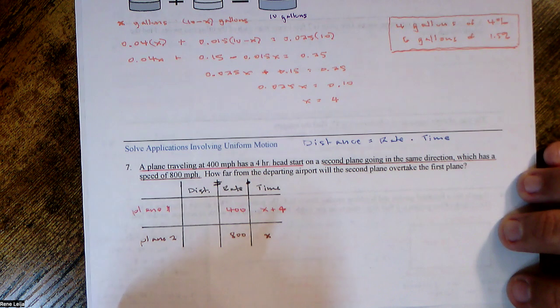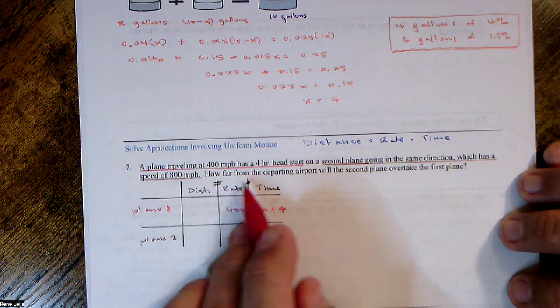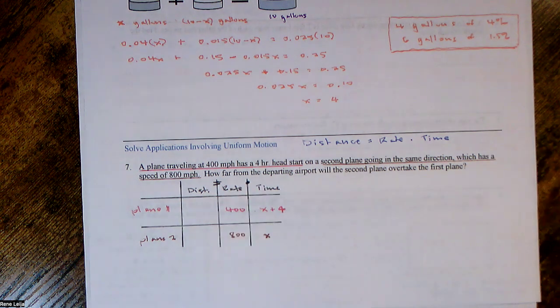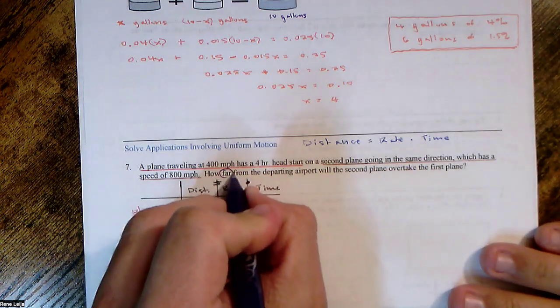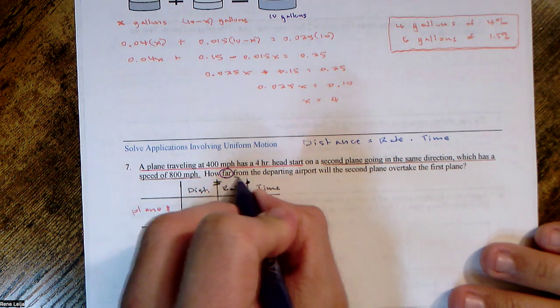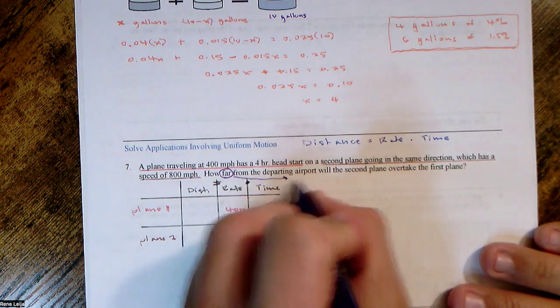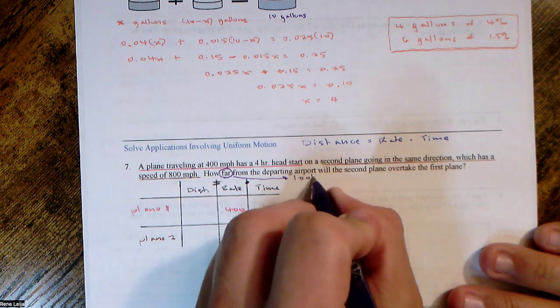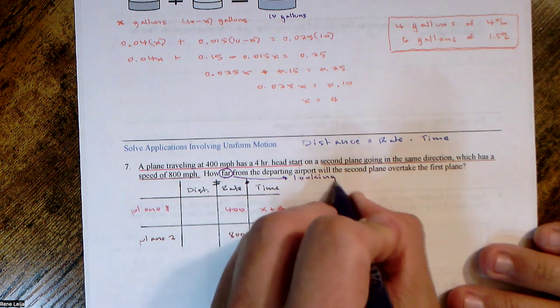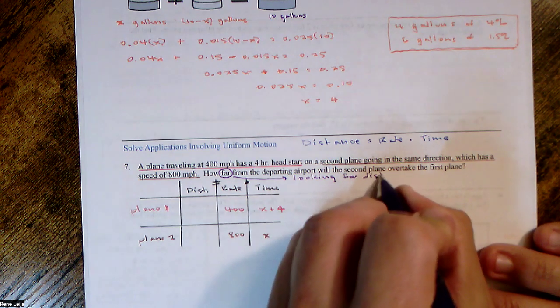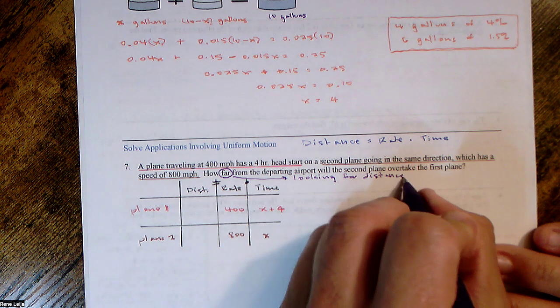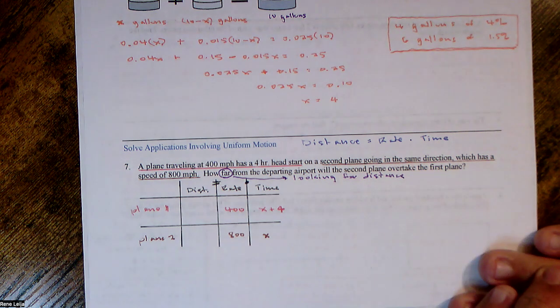Now it says how far, this means that we are looking for distance. So how far will the second plane overtake the first?